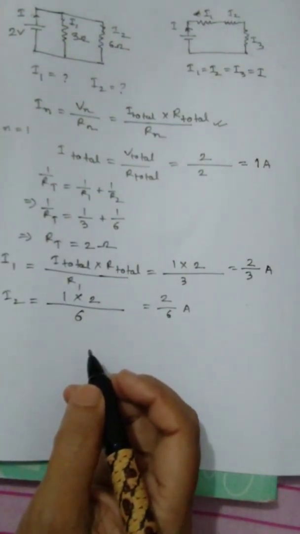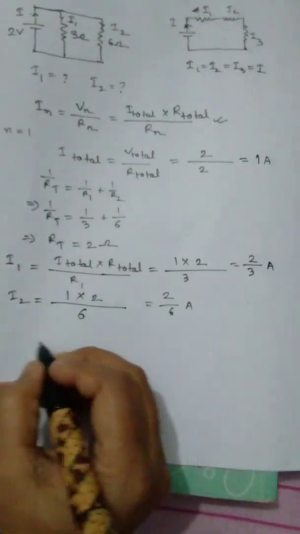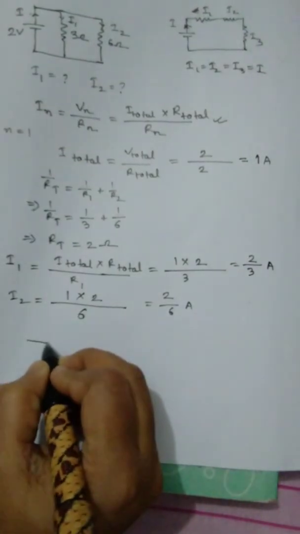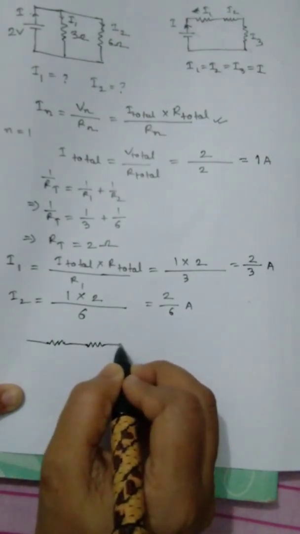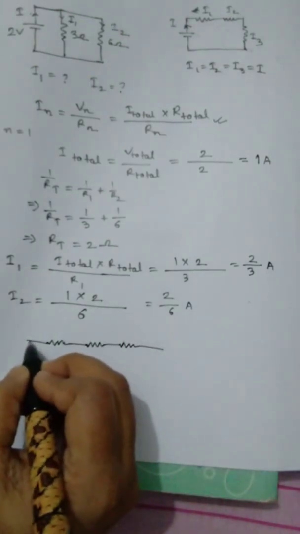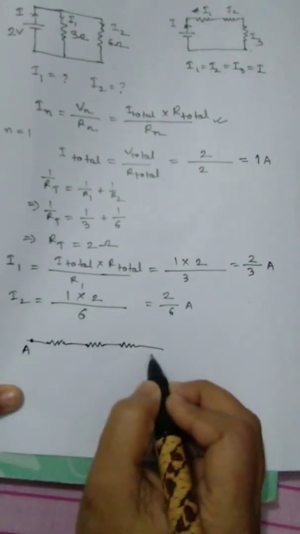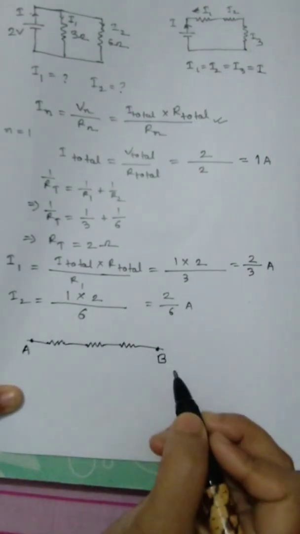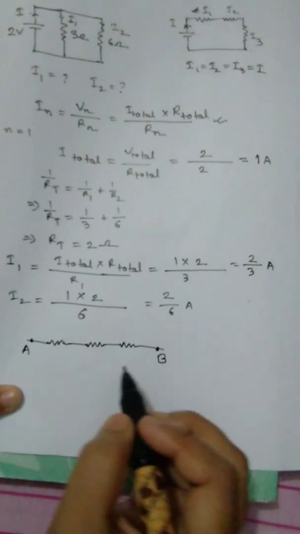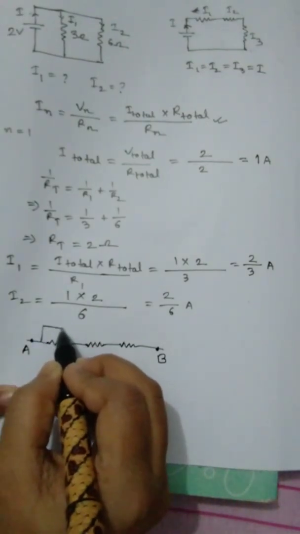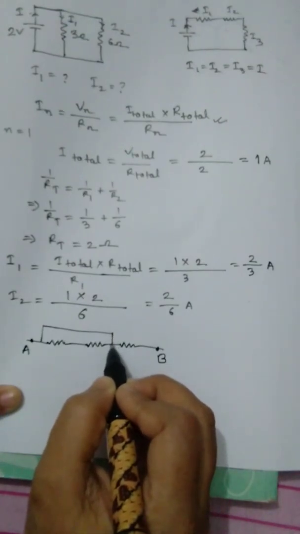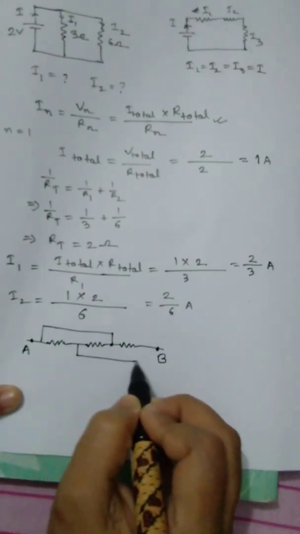the resistor or equivalent resistor for this kind of circuit. For example, here is a combination of three resistors, here is point A and here is point B, and then this one is connected to here and this one is connected to here.